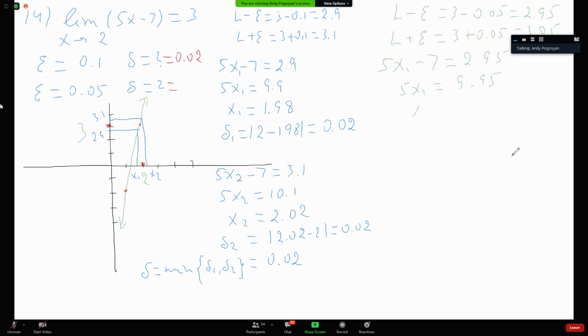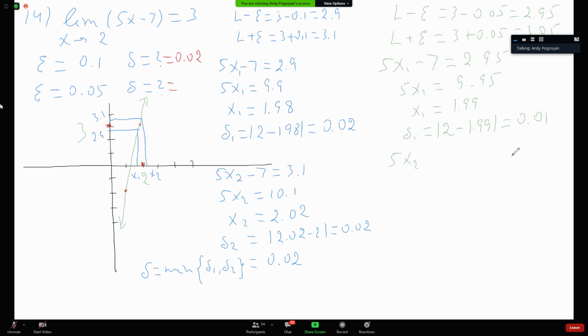So x1 equals 1.99. So delta 1 equals 2 minus 1.99, which equals 0.01.